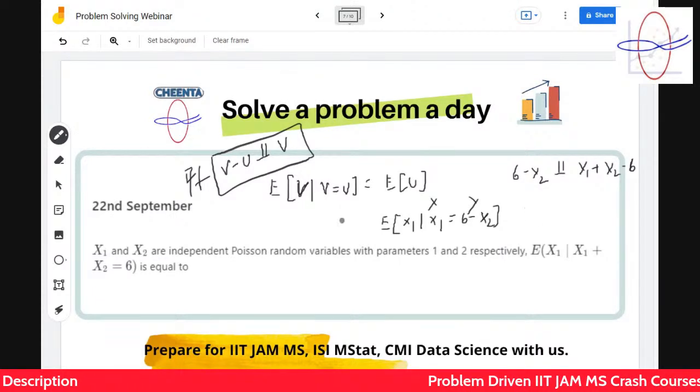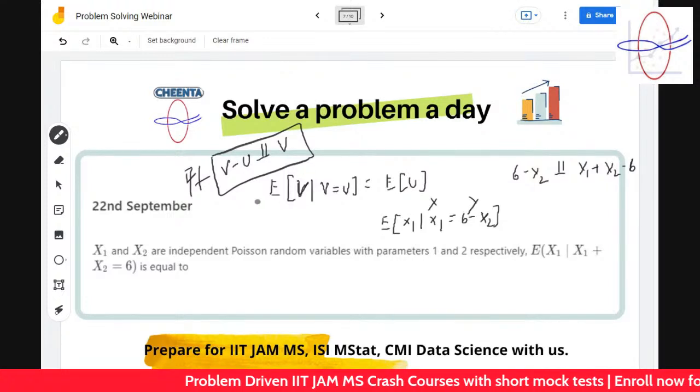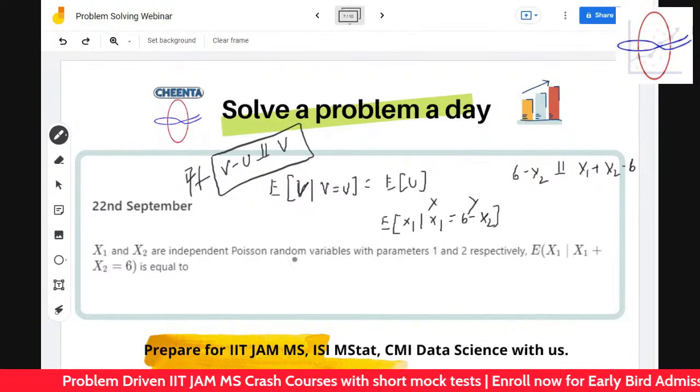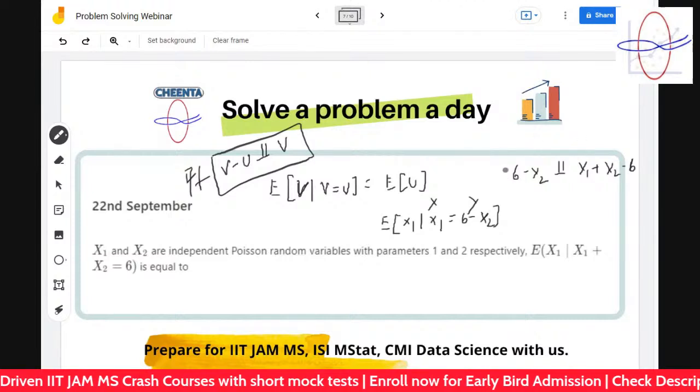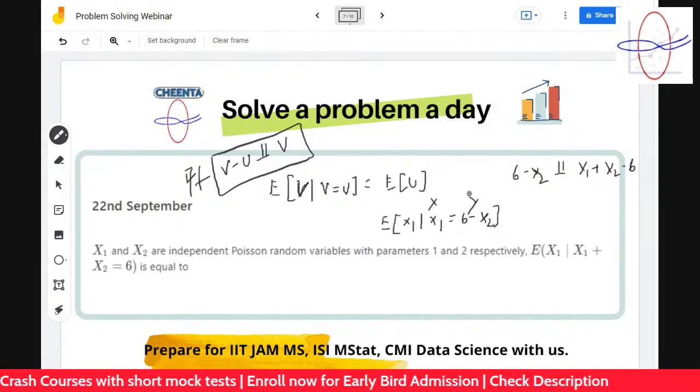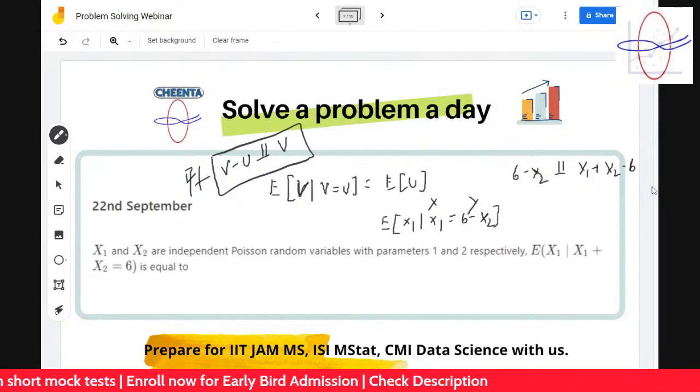I will show that. But Tishika didn't understand the core difficulty in using this result. This is not always true, okay? So don't make this mistake during the exam hall. You will not find covariance from here because it's a Poisson, so the idea of covariance will not hold over here.